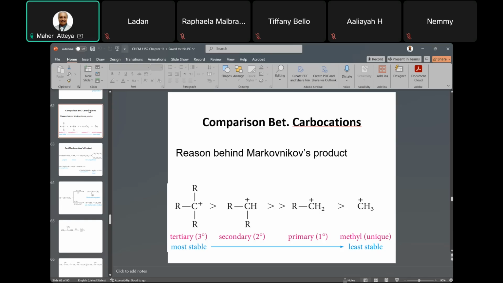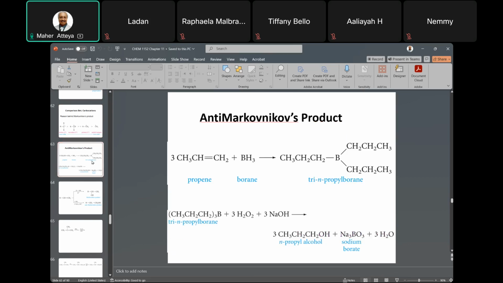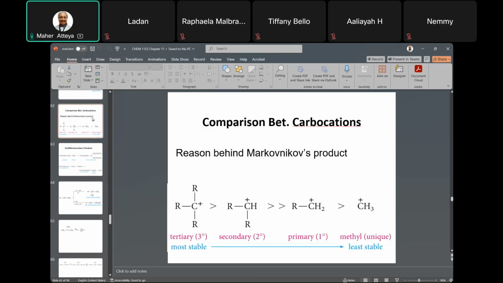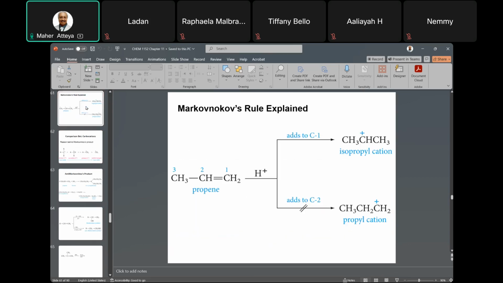Let's look at some examples. We look here. This is Markovnikov, correct? So now Markovnikov will tell you that it will add itself to the tertiary or secondary.